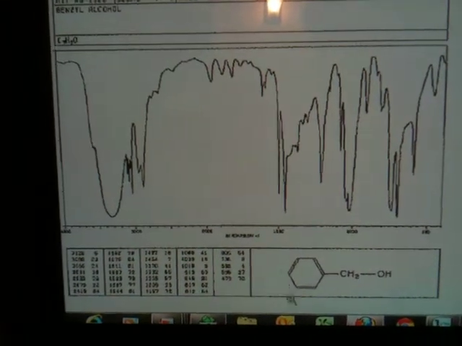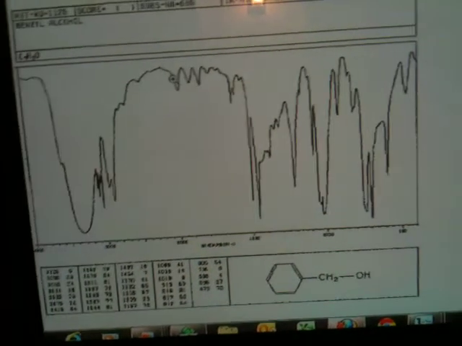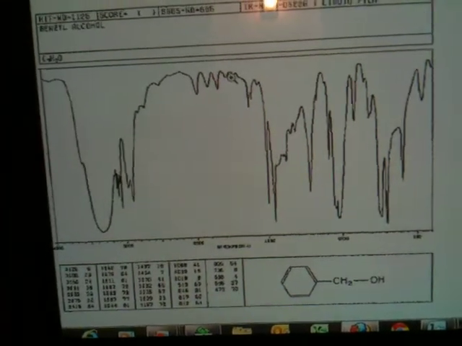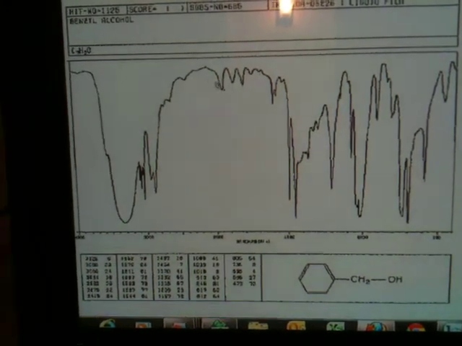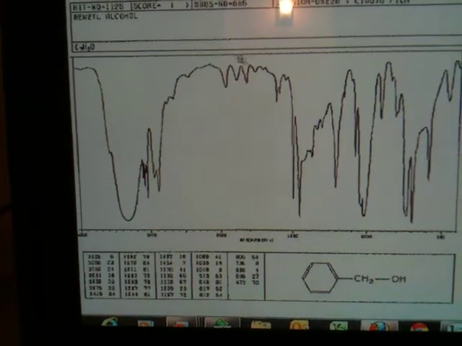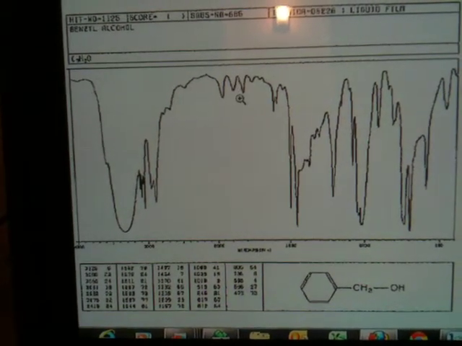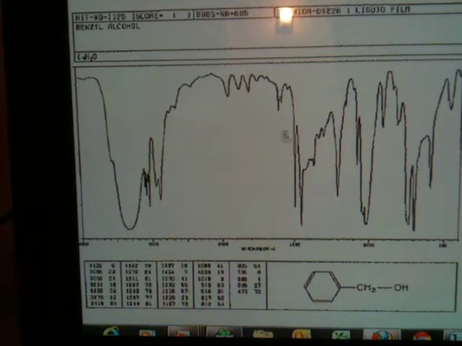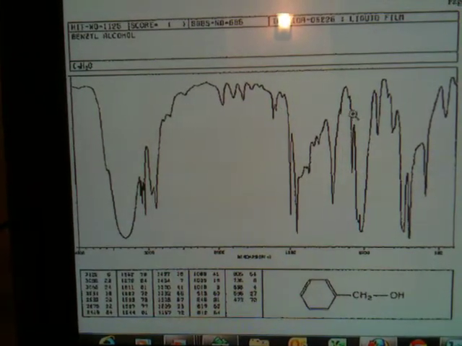But one of the things that screams aromaticity are these peaks that we see right here. And these are called overtones. Overtones occur at whole number multiples of lower frequencies in the spectrum. So in other words, it'll occur at 2 times or 3 times the frequency.